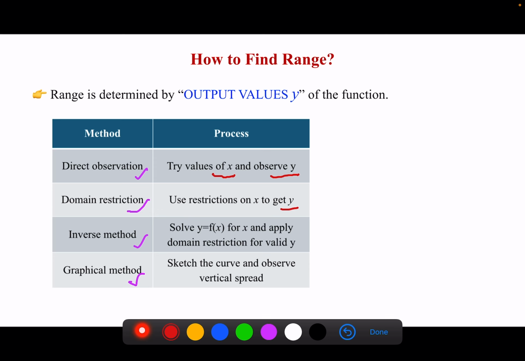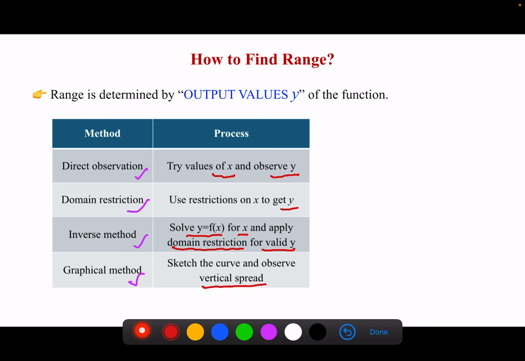In inverse method we solve the equation y equal to f(x) for x and then apply domain restrictions for valid y. In graphical method, this is very simple method. Sketch the curve, sketch the graph and observe vertical spread. Vertical spread means range of y.